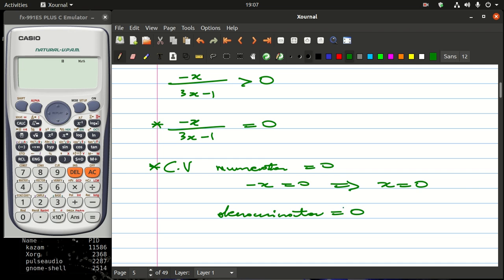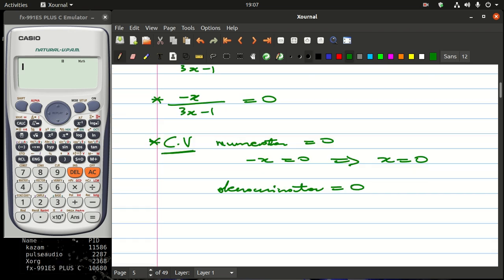Usually, most students, when they see this, feel like, no, we don't want the denominator equal to 0. I also don't want the denominator equal to 0, but I am looking for critical values here. Critical values are the values that make this undefined. So the denominator, I want to set it equal to 0. So I want 3x minus 1 equal to 0, which means x is going to be equal to 1 over 3.